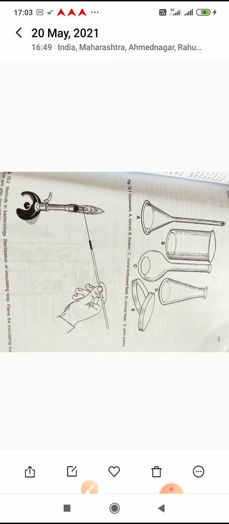So this includes laboratory techniques for handling the causal organism, study of their pure culture, and the procedures involved in the study of their physiology and biochemistry.